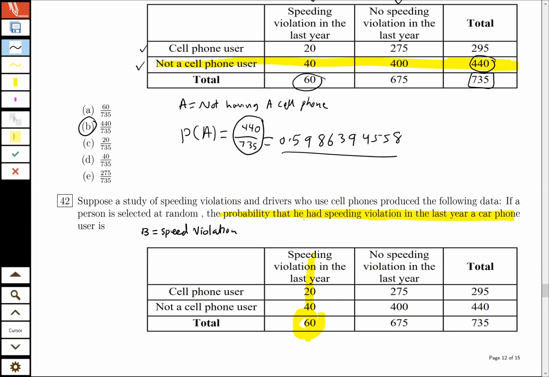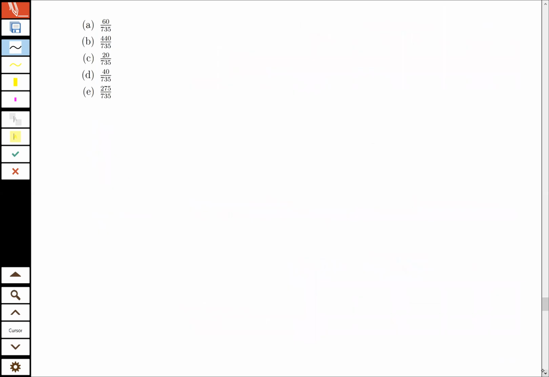So he said find the probability he had a speed violation last year. So what's the probability of B? It's those who get violation, which is 60, divided by the total, which is 735, and that will be the answer if it is given as a fraction, 60 over 735.